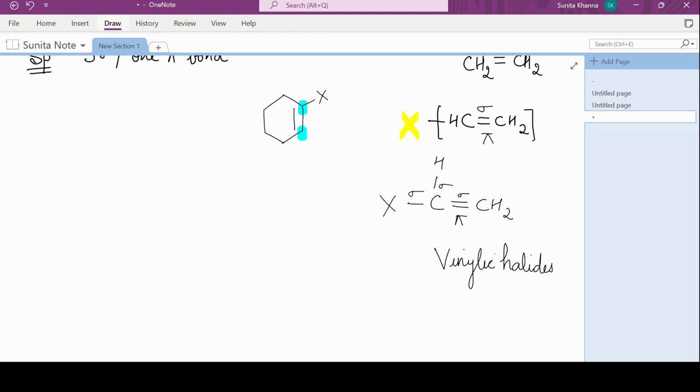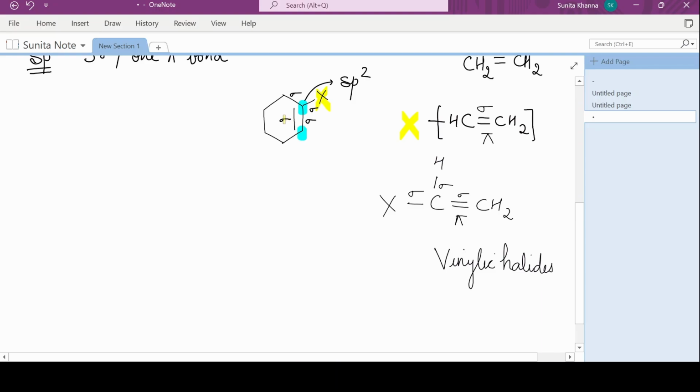And if we check the hybridization, this is sigma, and out of these two, one is sigma, one is pi. So it is sp2. And why is it an example of vinylic? Because the halogen is attached to the sp2 hybridized, doubly bonded carbon atom.